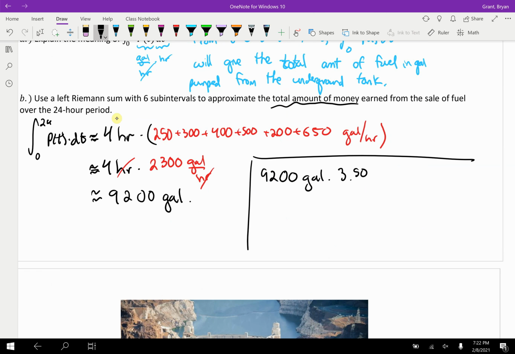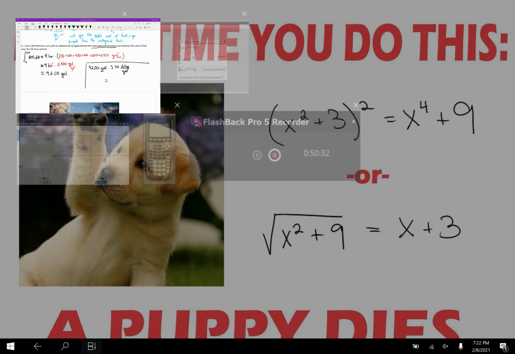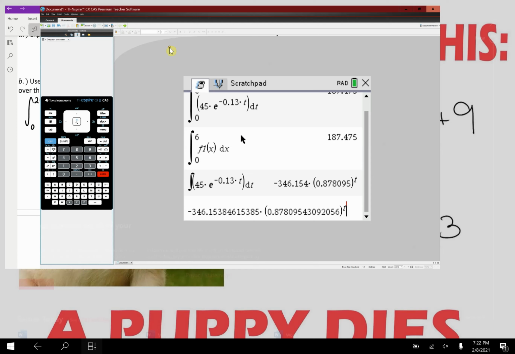So this one's kind of weird. So I'm actually going to write the word dollars at the end, per gallon, so that we can see that there. Gallons cancel. And as we go through, you take half of that, which I don't want to do anymore, 9,200 times 350. We'll just do it right here.